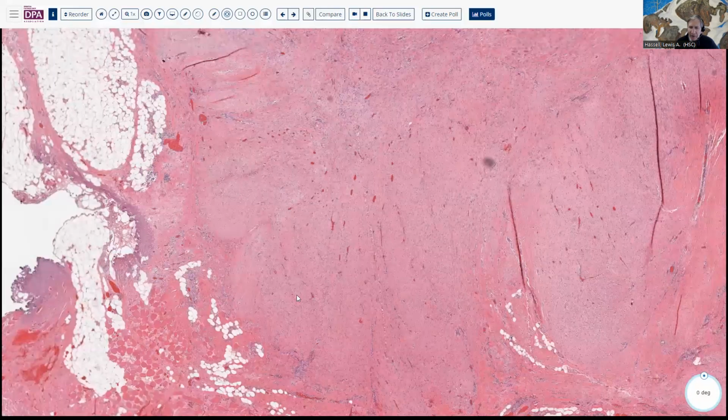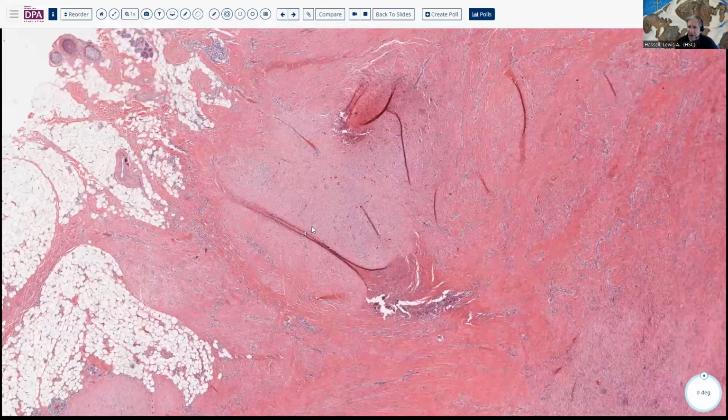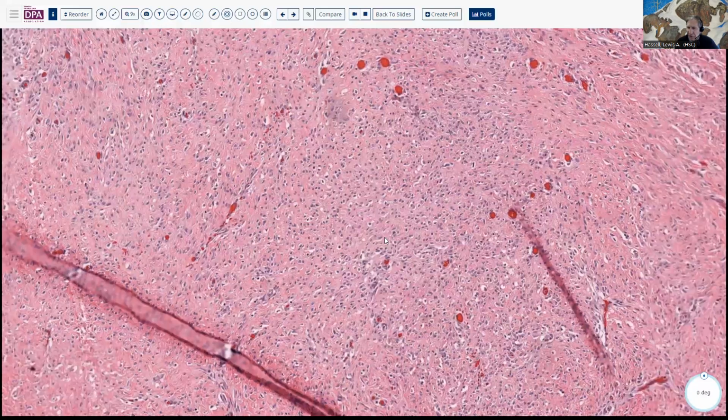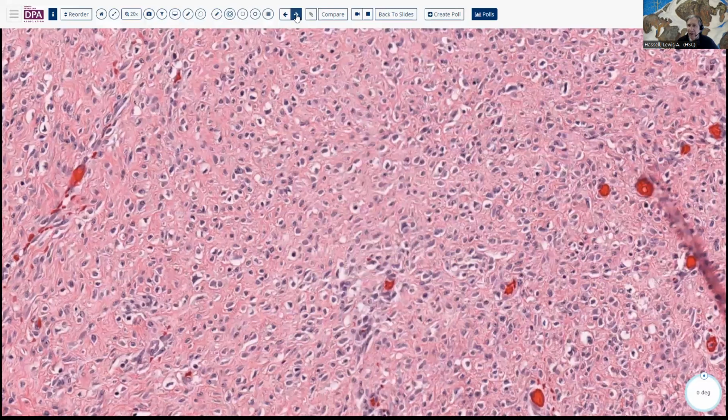And hopefully now, as we have specific targeted therapies, we can make this diagnosis on a needle biopsy or other sample, and the patient should be able to resolve the lesions without having to have disfiguring surgery.